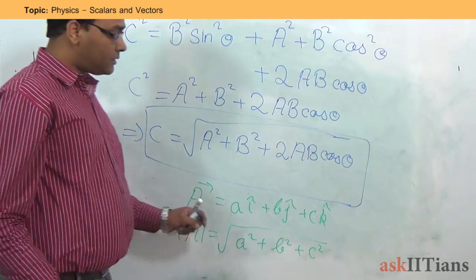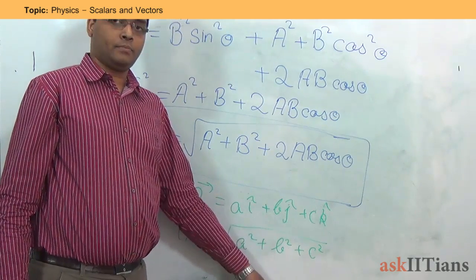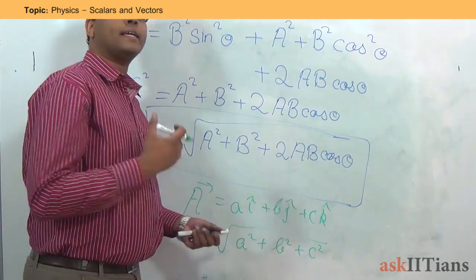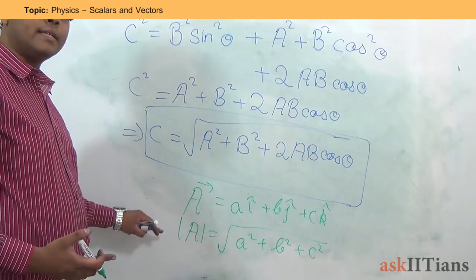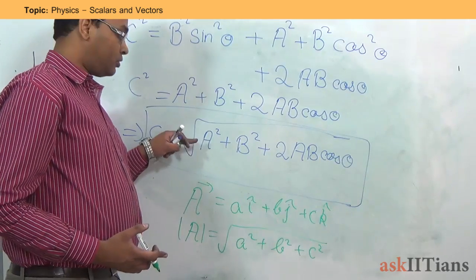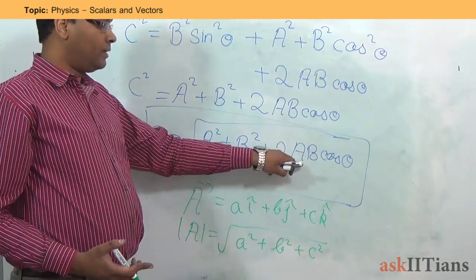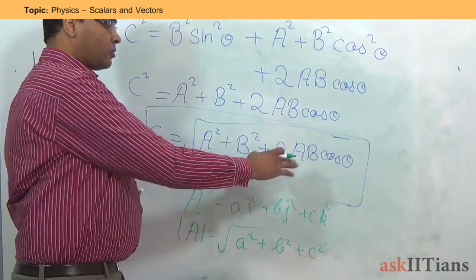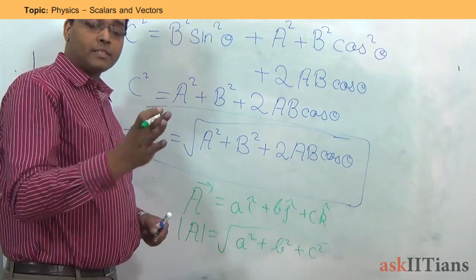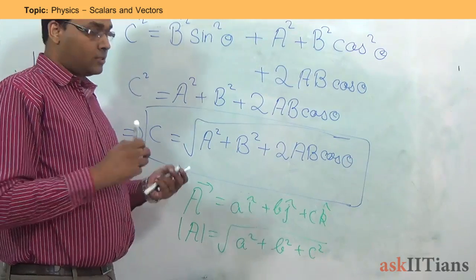Okay, so you have to just take each coefficient, square them up and add them, and finally take the square root. So that is the magnitude part, and the square of this magnitude is this. Here you have the square of the magnitude of A, the square of the magnitude of B, and theta is the angle between the vector B and the horizontal. Okay, so hopefully this makes sense.